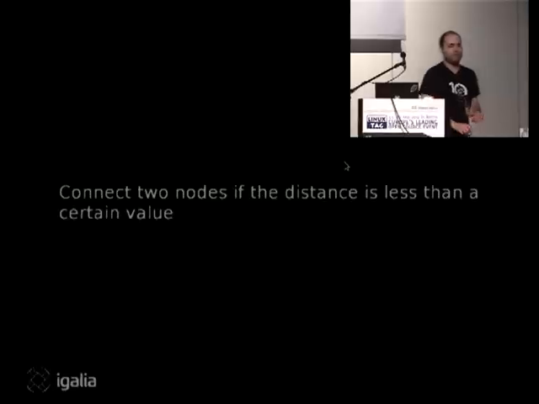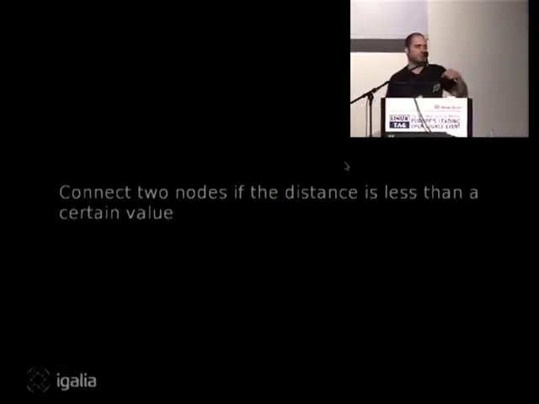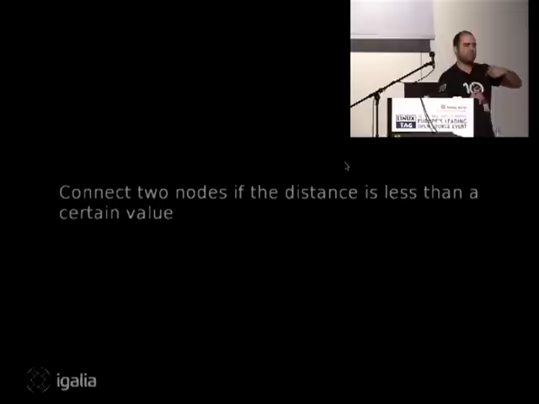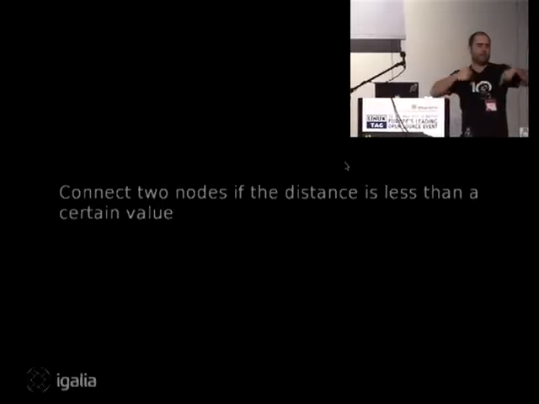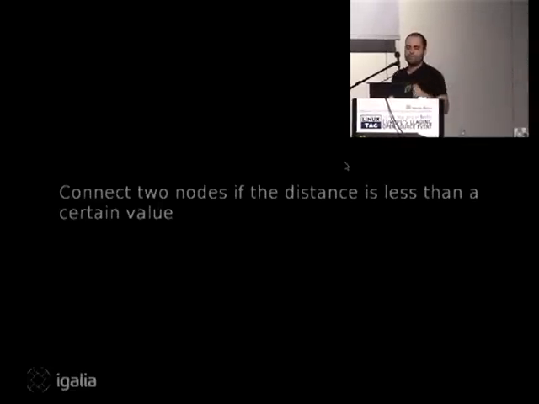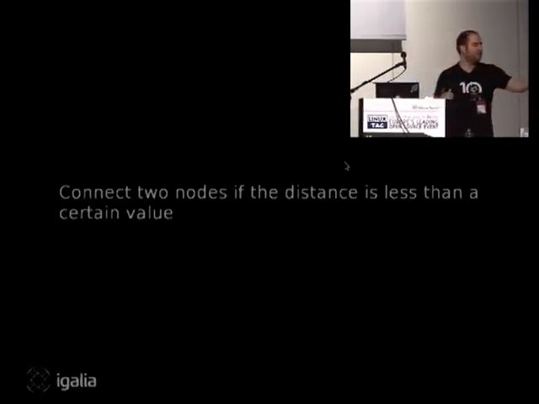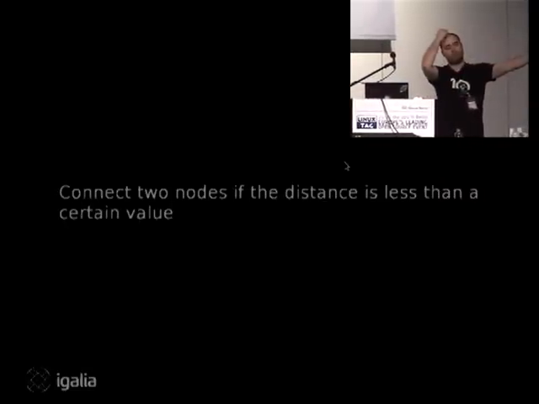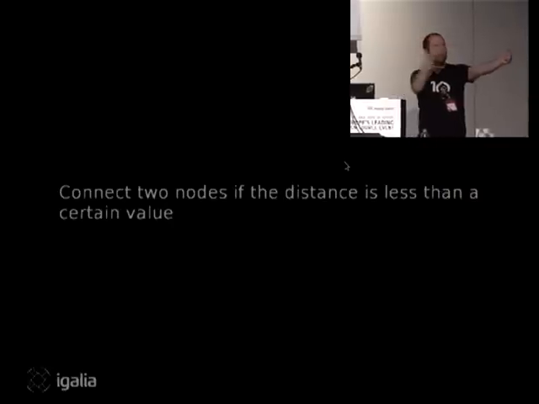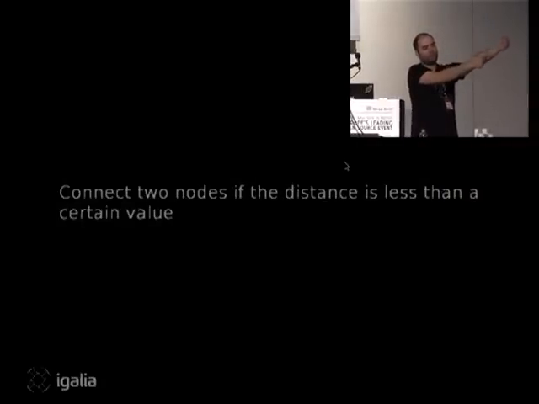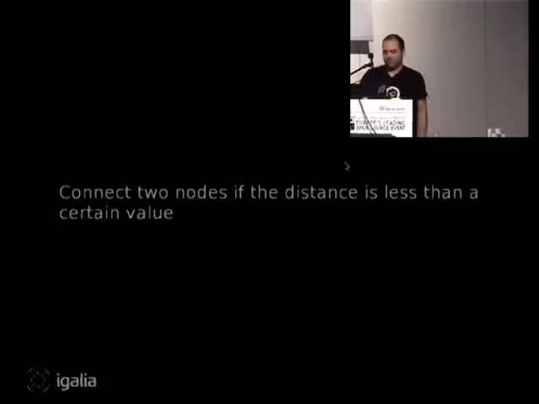The way to make the graph is that the nodes or the vertices should be connected to each other if they're neighbors, and I look for 8 neighbors, if they are less than a given value apart. If they are too far away, like this point is too far away from this point, I do not connect them. But I connect this point with this point with this point, and so it goes.